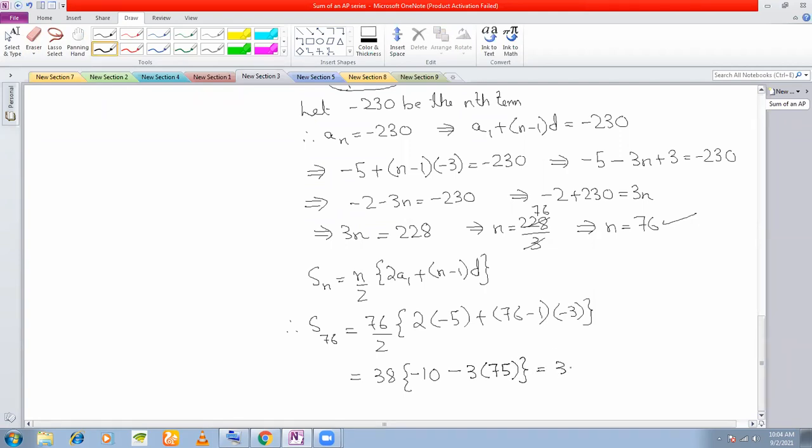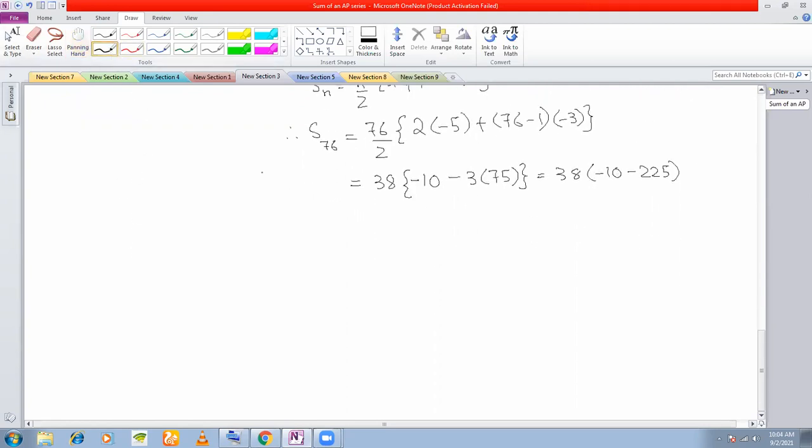So this is 38 into -10 minus 225, which is equal to 38 into -235. And 235 into 38 will be 8,930. So this is the required sum.